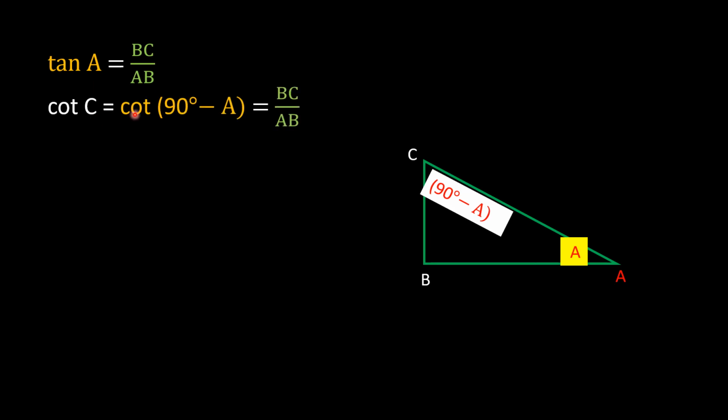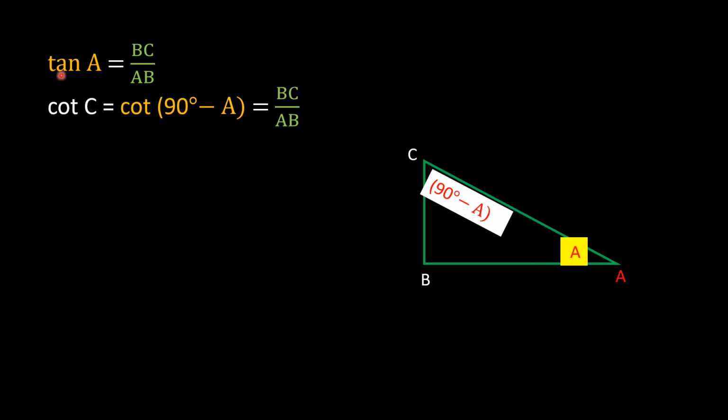In right triangle ABC, angle C is 90 minus A. We write tan A equals BC divided by AB and cot C equals cot of (90 minus A) because angle C is 90 minus A. So cot (90 minus A) equals BC divided by AB.